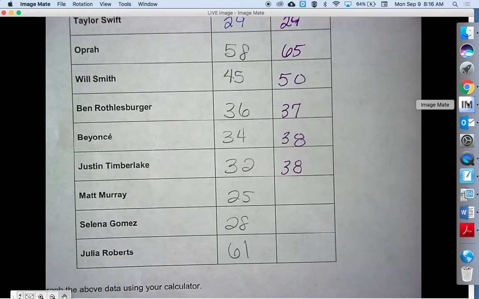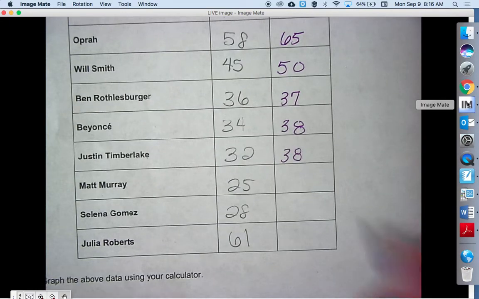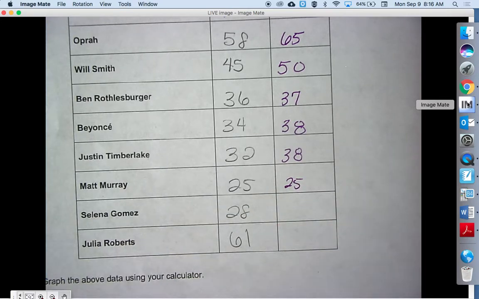Matt Murray. Who's Matt Murray? Yeah, he's our Penguins goalie. Cole, do you know how old he is? 25. So he turned 25 in April. Actually, May. Selena Gomez. How old is she?